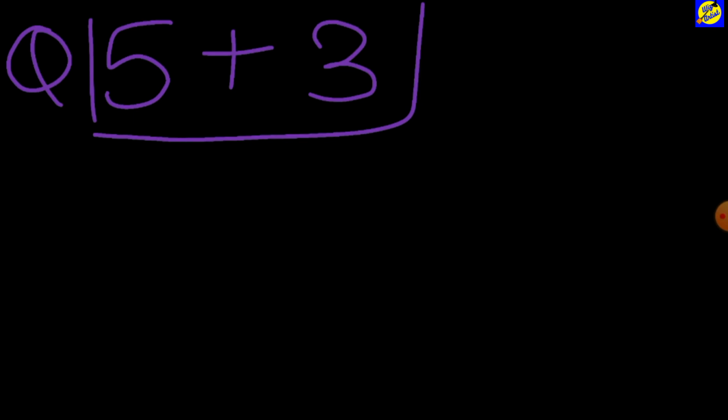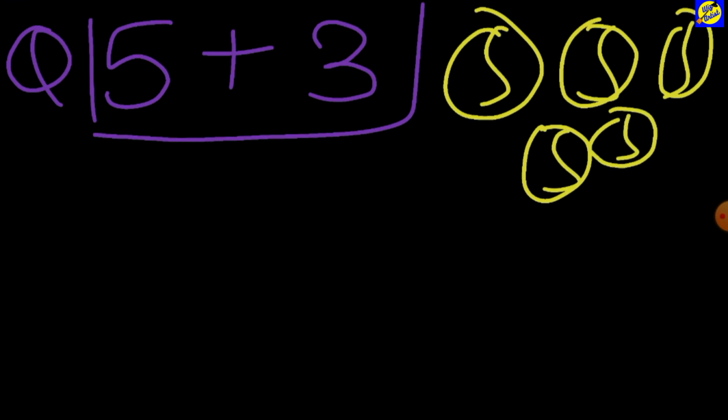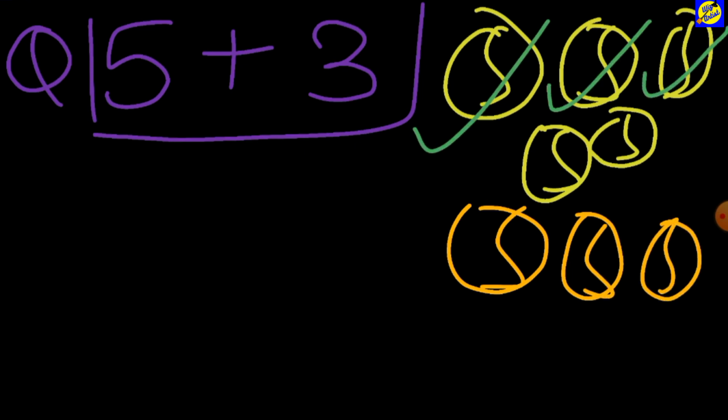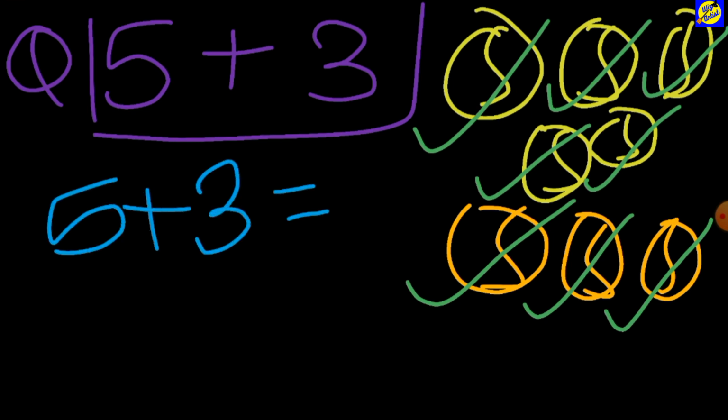So the first method is you can do it in the rough work, you can draw balls. First you will draw 5 balls and then you will continue drawing 3 more balls and then count them together. 1, 2, 3, 4, 5, 6, 7, 8. So what do you get the answer as? 5 plus 3 is equal to 8. Understood?